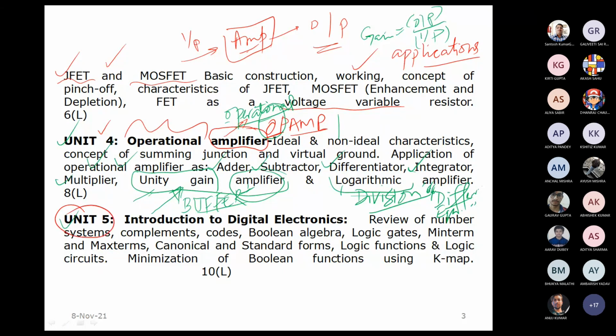Units 1 to 4 talk about the analog electronics part, whereas the last unit, unit 5, talks about digital electronics, and mostly it is going to discuss various types of logic gates and their representations, and then some ways of implementation. So this is a different one.